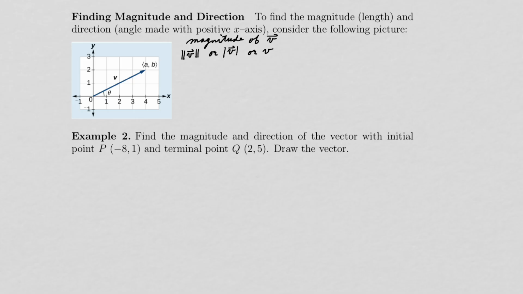So again, it's just the length of the vector, right? And if you notice here, we basically have a right triangle. If I project this down and then project this over, this is going to be the x component, and then this is the y.